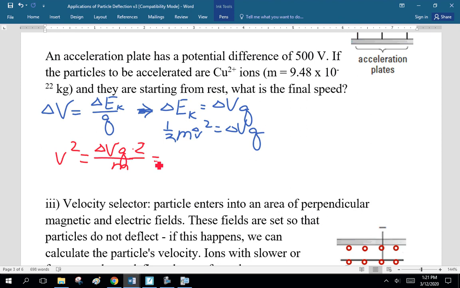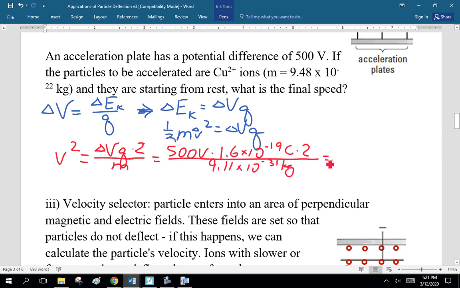All right. So voltage times charge times 2 divided by mass will give us V squared. One of you youngins with a calculator, tell me what the answer is here. What's V squared? 500 volts times 1.6 times 10 to the minus 19 coulombs times 2. Mass is 9.11 times 10 to the minus 31 kilograms. Oh, sorry, that's the mass of an electron. What am I smoking? Never mind. Hang on, guys.